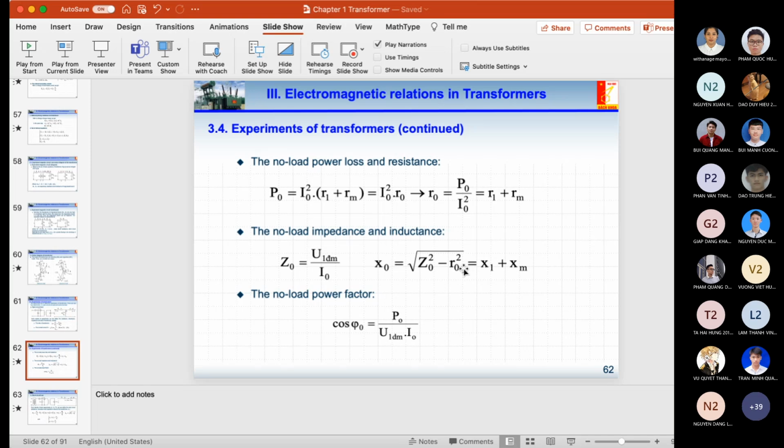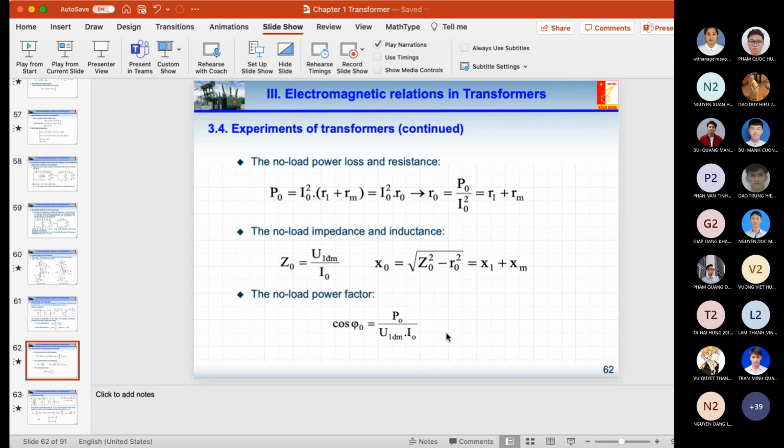And also, how to define the no-load power factor, this part is also very important. Normally in Vietnamese they call it cos phi, and in English it is also cos phi. When the transformer is not connected to the load, it means the output of the transformer is open, and the value of the power factor is very small.